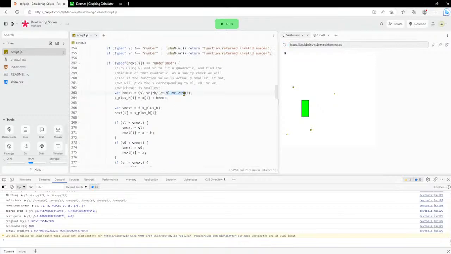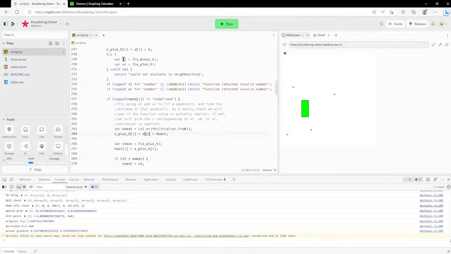I guess it's possible that this is 0, but nah, how could, oh, wait a minute. Oh no, I guess this could be 0. That's right, I need to put this in a try-catch block.